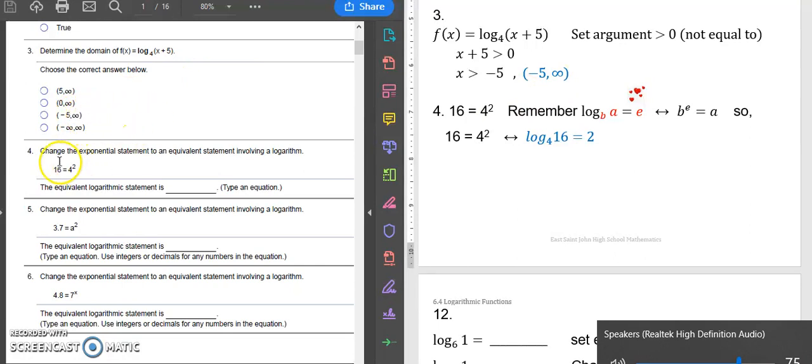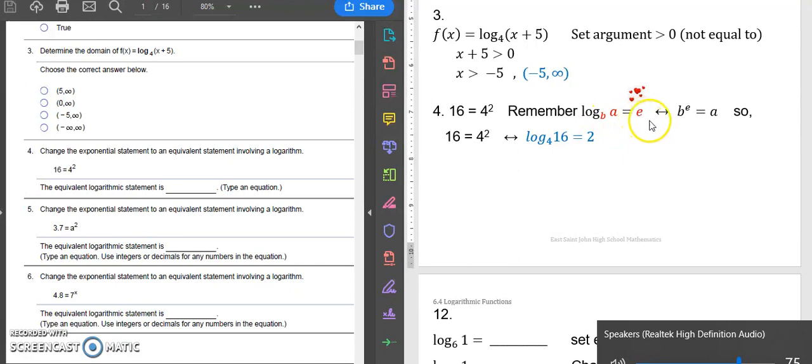For number 4, this is just saying change the exponential statement to an equivalent statement involving a logarithm. So all we're doing here is going from exponential form to logarithmic form. Remember that logs are BAE, B-A-E: you have your base, your argument, and your exponent.